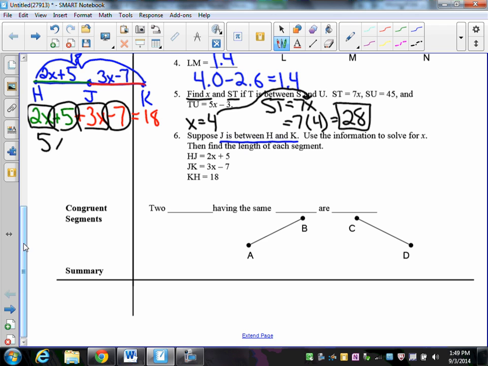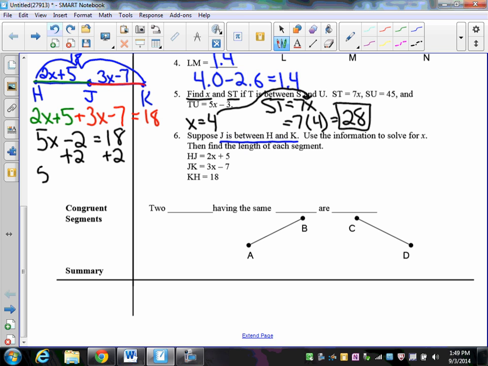So I'm going to get 5x. Actually, I'm going to erase that because it might be a little bit hard to see. So 5x minus 2 is equal to 18. And then I add 2. 5x is equal to 20. Divide by 5. X is equal to 4.